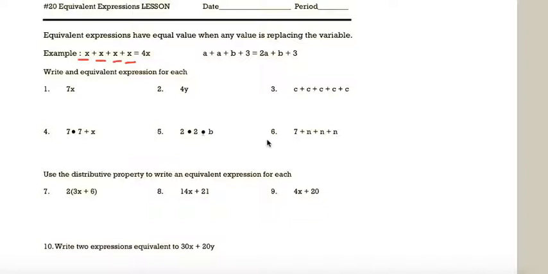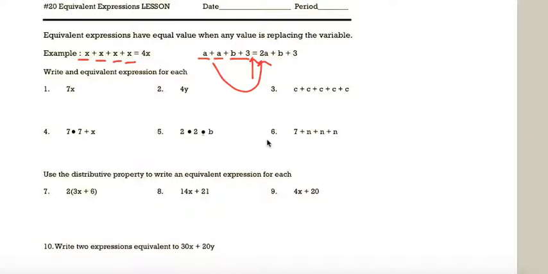If you look at the second example, we have two like variables, a plus a. That's why it equals 2a. You only have the 1b and the 1c. So on the other side of the equal sign, it says plus 1b plus 1c.